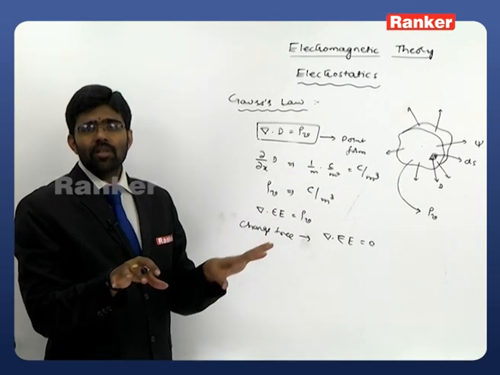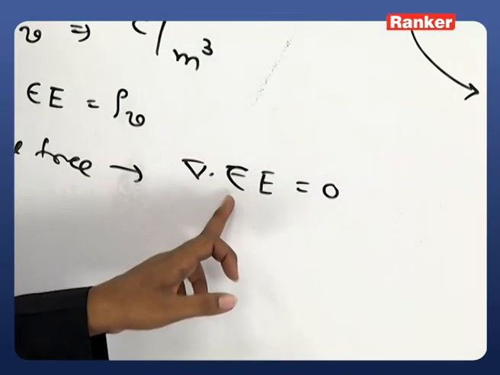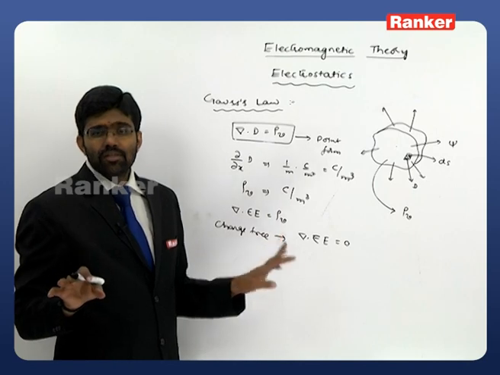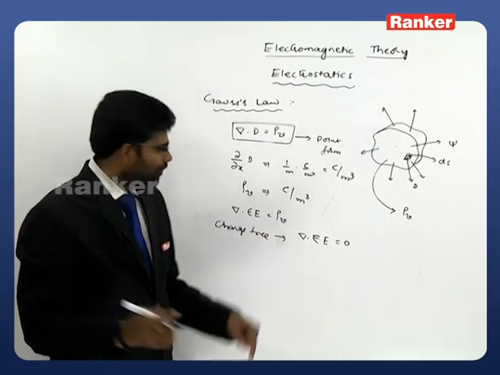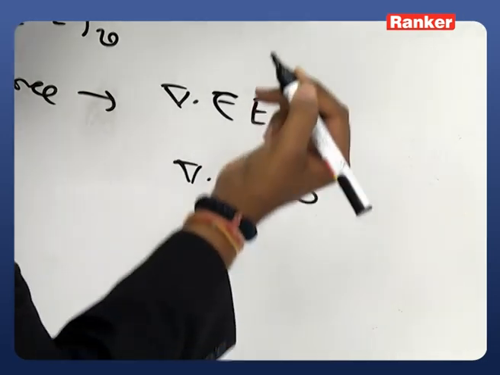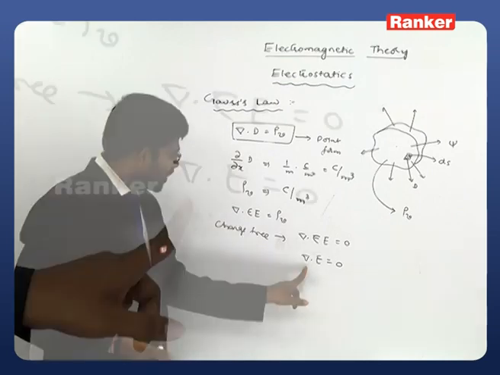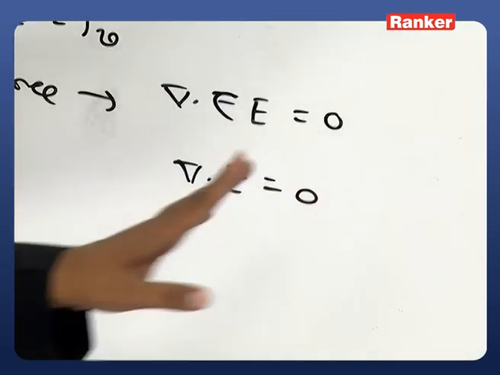If the medium is homogeneous, meaning epsilon is fixed everywhere and can be treated as constant, uniform, we can write del dot E equals 0. For a charge free homogeneous medium, this can be written as del dot E equals 0.